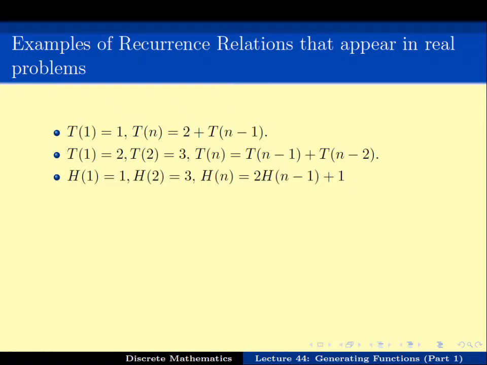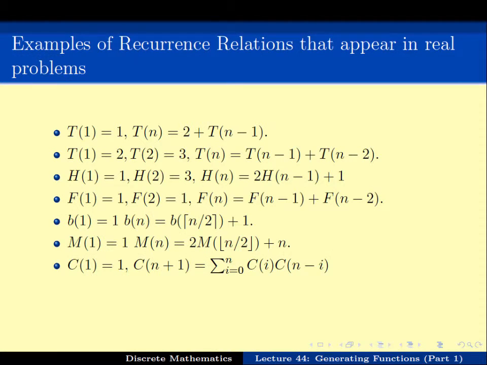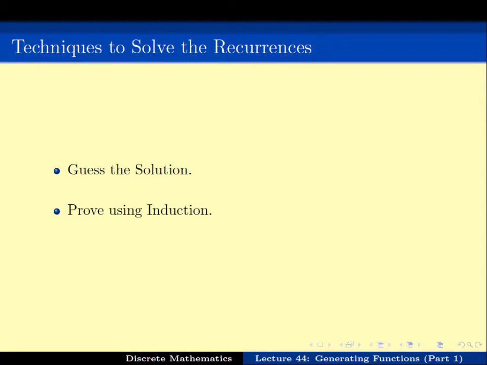So we have seen a few examples of recurrence relations, and for some of them we have seen techniques of solving them. Now to quickly recap the techniques that we have, the first one was you first guess the solution and then prove it using induction.